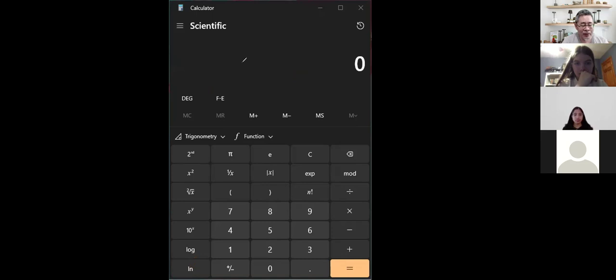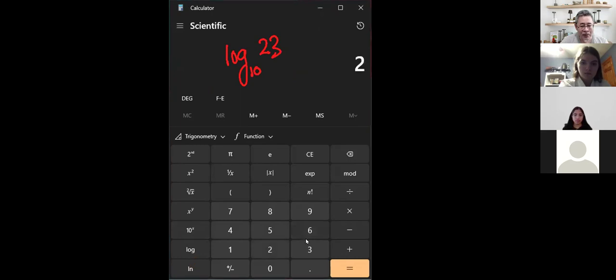So if we want to figure out, say, log base 10, now some things are easy for us to do, but if we want to find the log base 10 of 23, what's that? Well, we just click on it. Depends on how they do it.